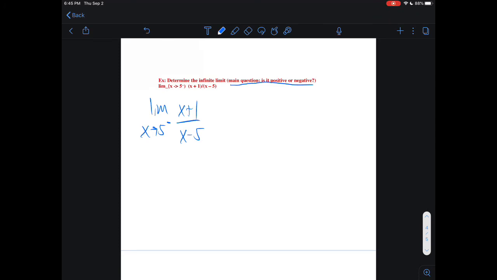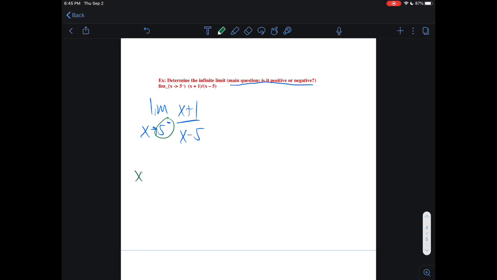So first of all, we know that there's a vertical asymptote at x equals 5. So we know that this function is going to be getting either large in a positive or a negative direction. What will help us determine that is by considering what hand limit we are looking at. In this case, we're approaching 5 from the left.